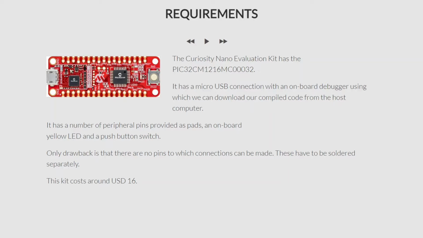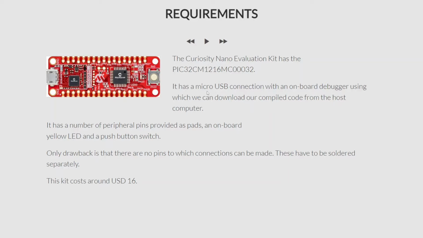Now it has a micro USB that is here, so you can use this micro USB connector with a cable to connect it to your host computer. Right? Now it not only has a micro USB connection, but it also has an onboard USB debugger. So this is your debugger. The debugger will translate the connection, because remember the USB is a serial connection and this serial connection needs to have a translator so that it can communicate with your microcontroller.